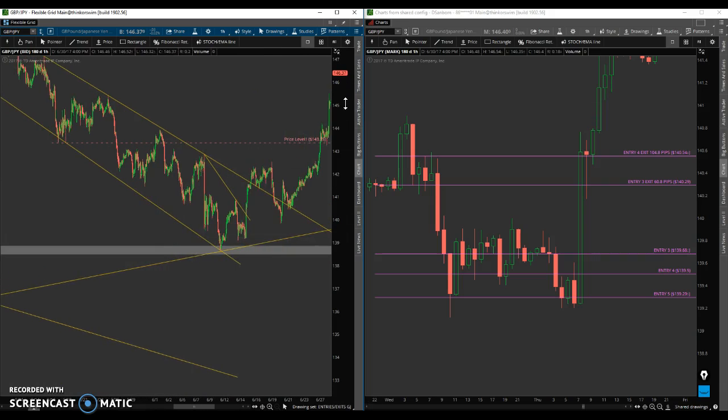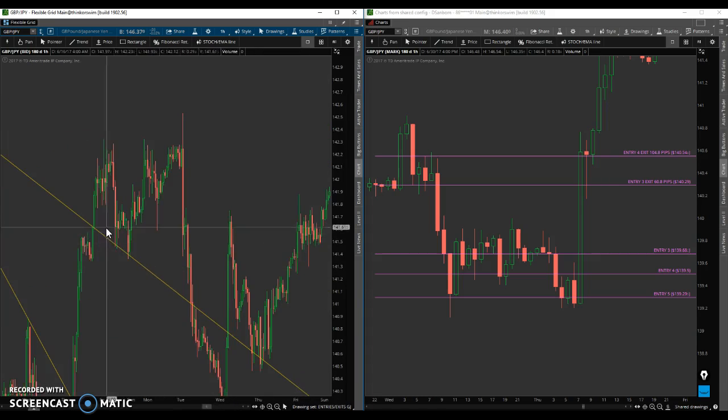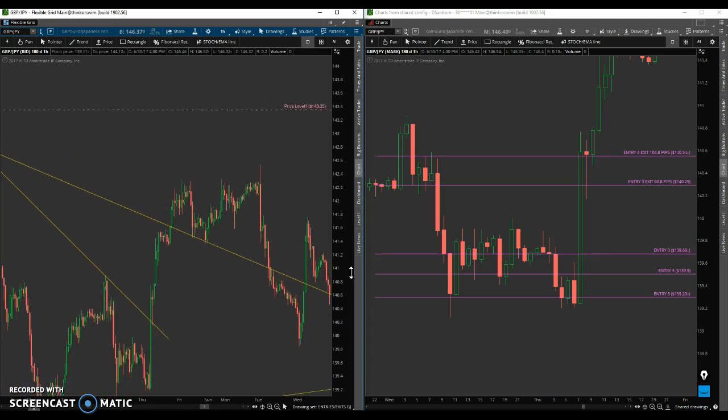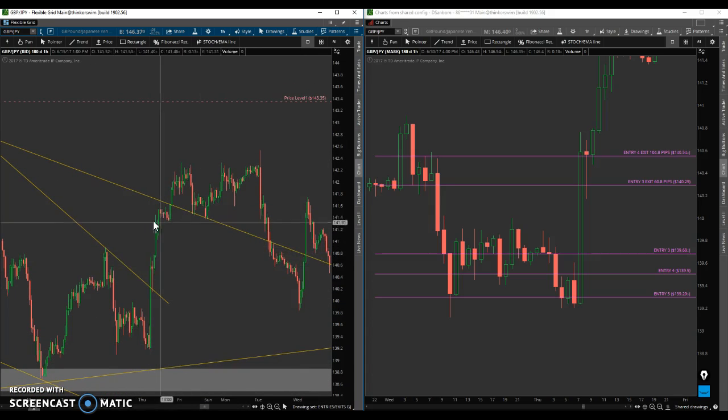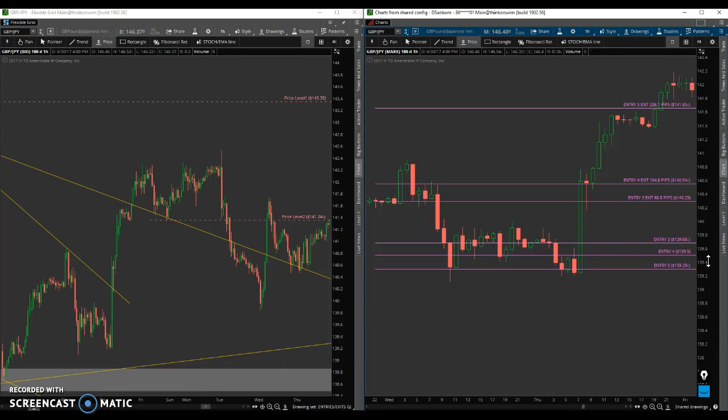Once we broke above this channel top and retested there, I was in this trade for a couple days, the last position here. We were consolidating, and as price spiked up above these highs, I moved my stop loss for this 139.29.5 entry all around here or so.